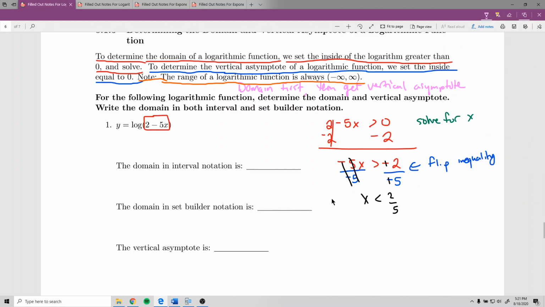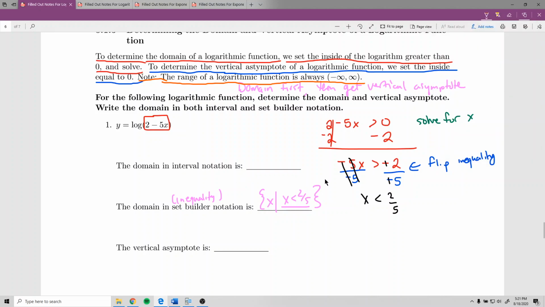Now, even though it's the second thing that's asked, this is the set builder notation, because set builder is really the same thing as inequality notation. This part's filled out for you, and the part you're going to fill out is x is less than 2/5, the inequality you get.